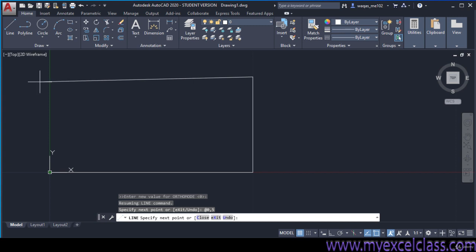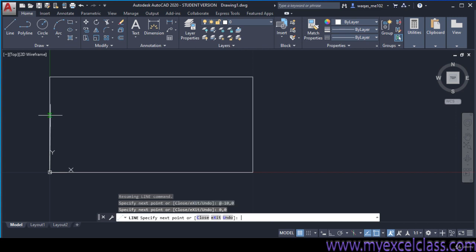I move 10, and along the y-axis I am moving 0. But as it's on the negative x-axis, the minus x-axis, I will be writing at the rate minus 10, 0. So the next one will be 0, 0.